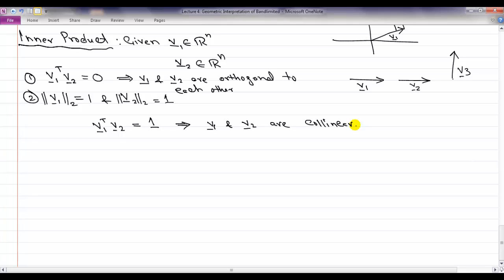So what we want to do is take this notion in Euclidean or Rn spaces and abstract it into a more general notion.